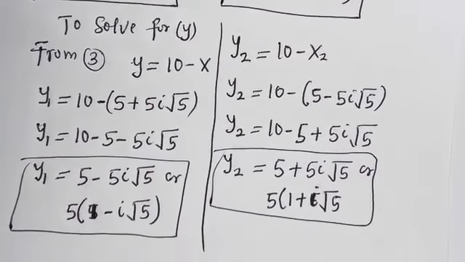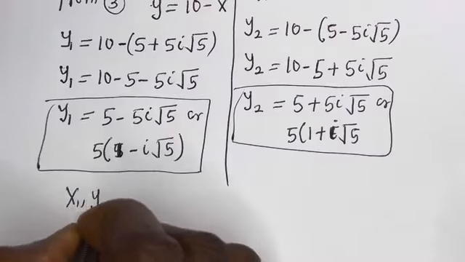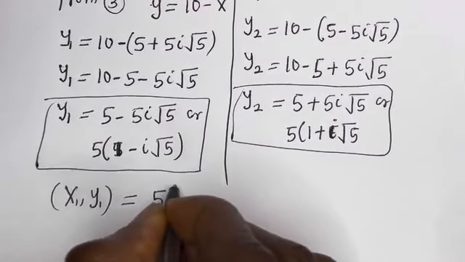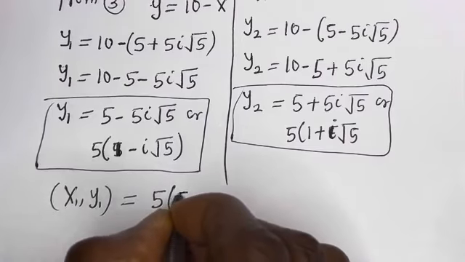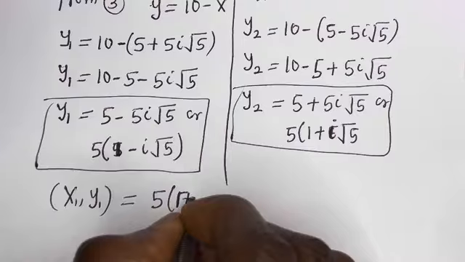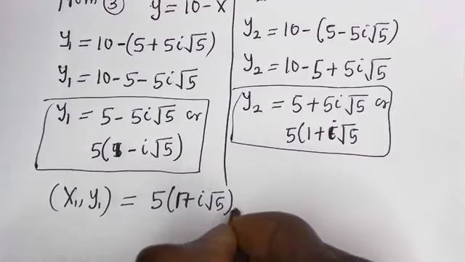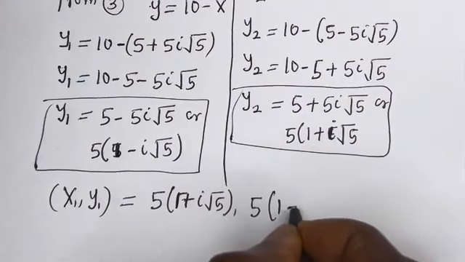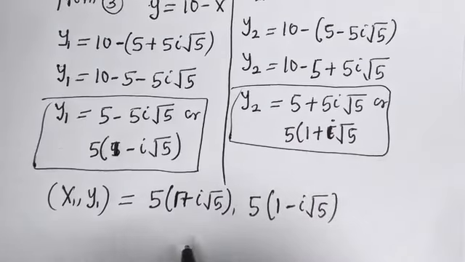Therefore, our final answers are s1, y1 is equal to 5(1 plus i square root of 5), 5(1 minus i square root of 5).